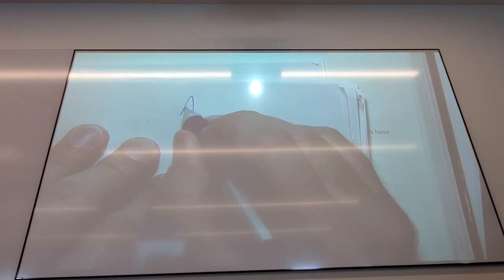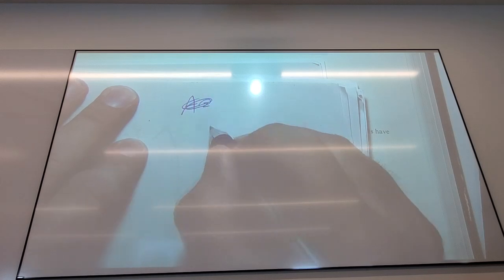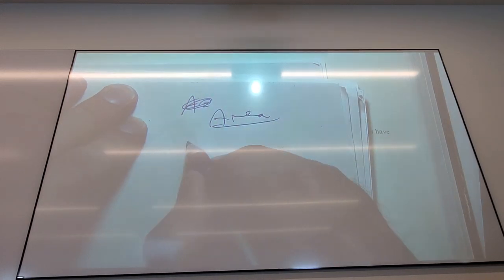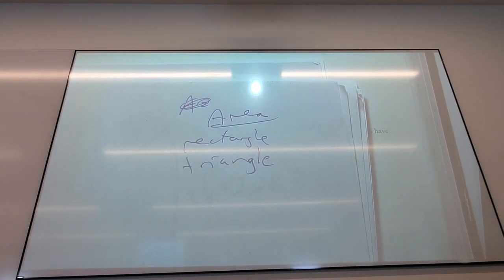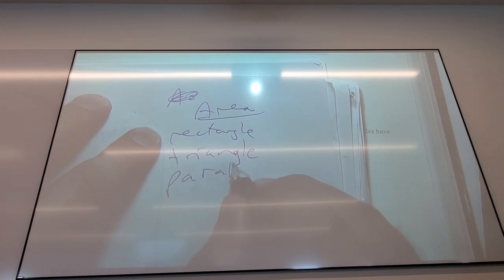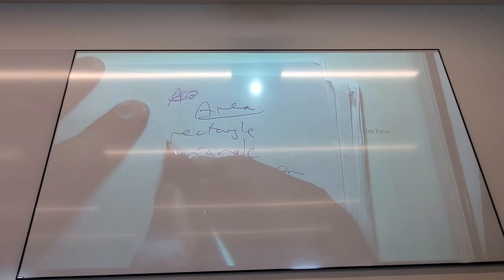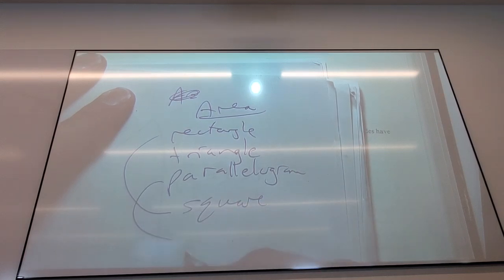So I'm going to definitely need you to know the area of a rectangle. The area formulas you need to know are for a rectangle, triangle, parallelogram, and therefore a square and a rhombus.